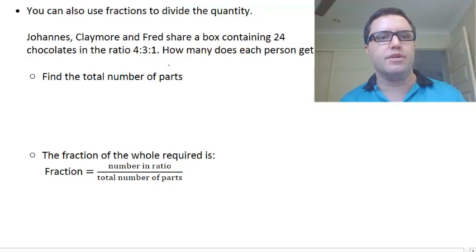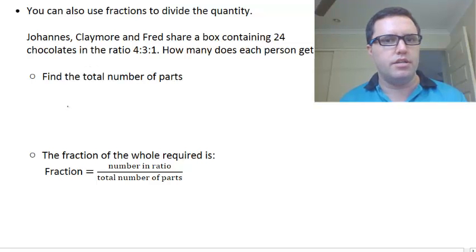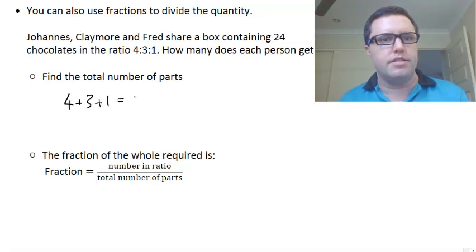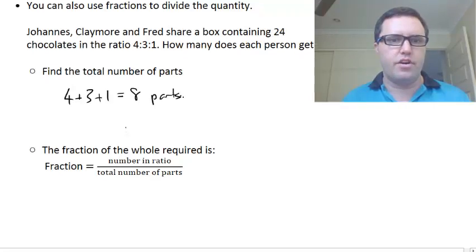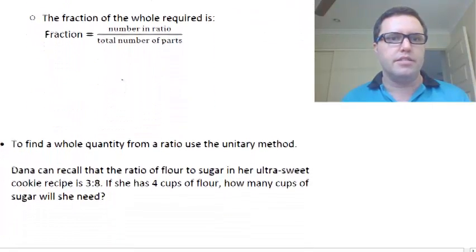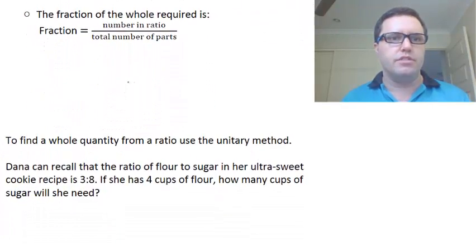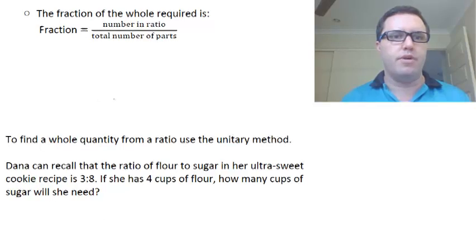Our first thing is to find the total number of parts. So 4 plus 3 plus 1 is equal to 8 parts altogether. Next, the fraction of the whole required is the number in the ratio divided by the total number of parts.